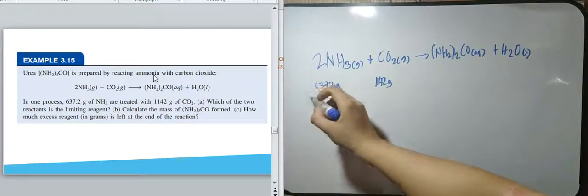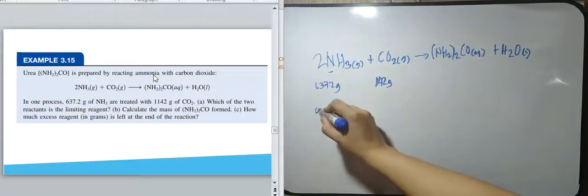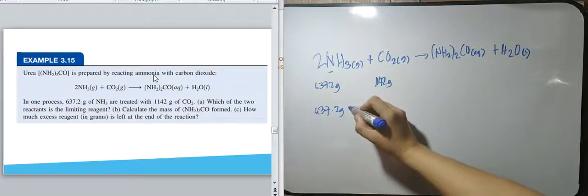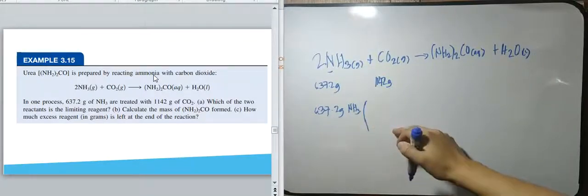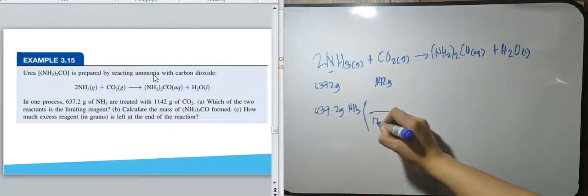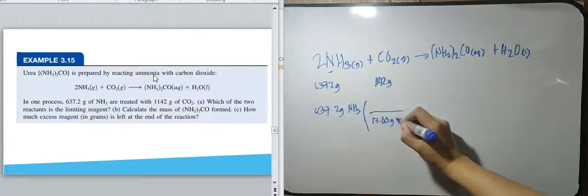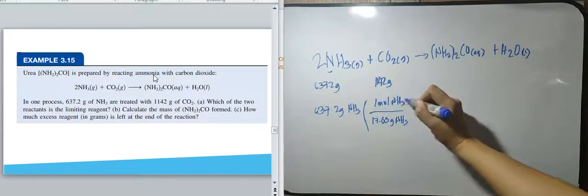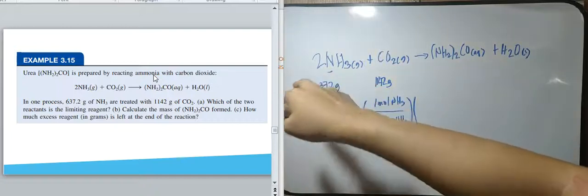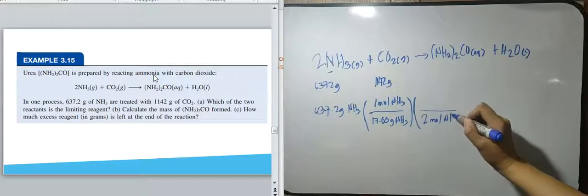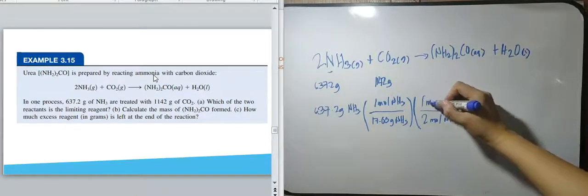So first, we'll try NH3. 637.2 grams NH3. The molar mass is 17.03 grams per 1 mole NH3. And there are 2 moles NH3 per 1 mole urea.